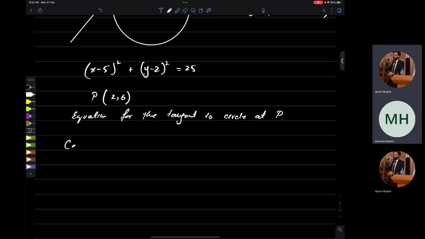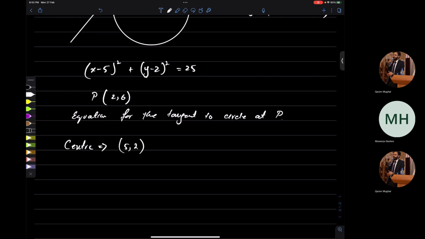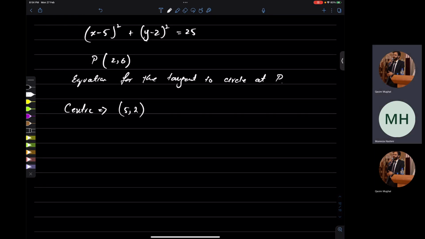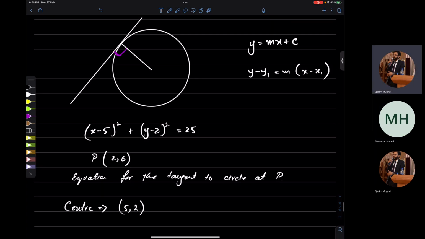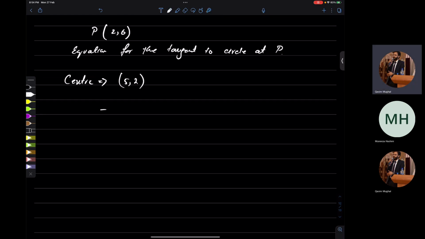All right, yes, sir. Let's write down the coordinates for the center. That is going to be 5 and 2. Got it? Yes, sir. Now I'm directly going to write down the gradient, which was negative.